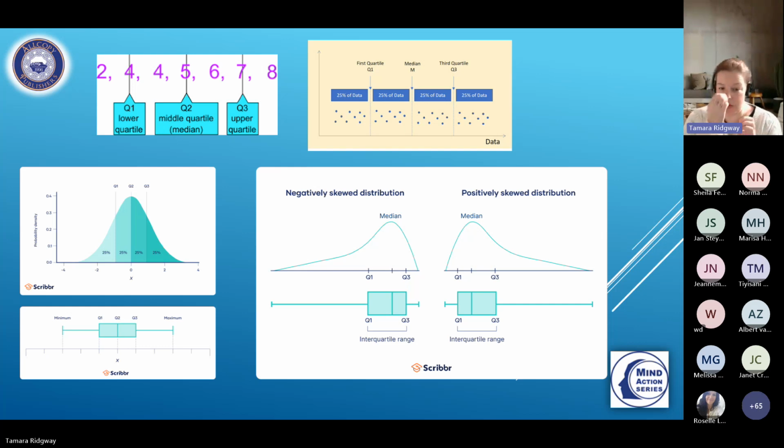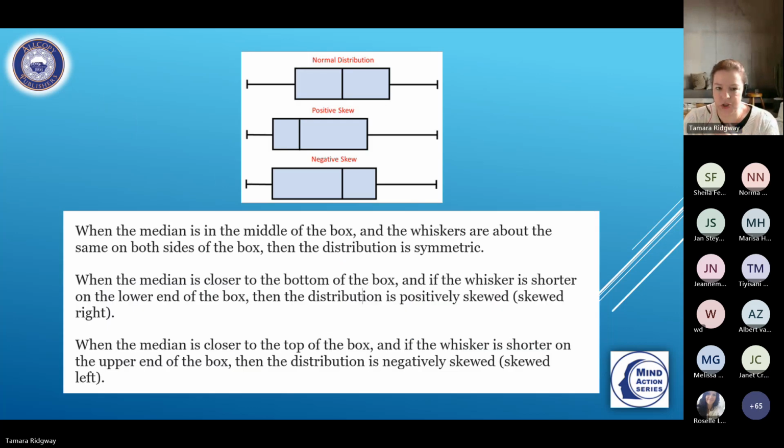Again, I liked this because it took the graph and you could actually draw lines down to show how it impacted the box and how one could assume an outlier, which is always nice to talk about. Normal distribution, positive skew, negative skew, to the left, to the right.